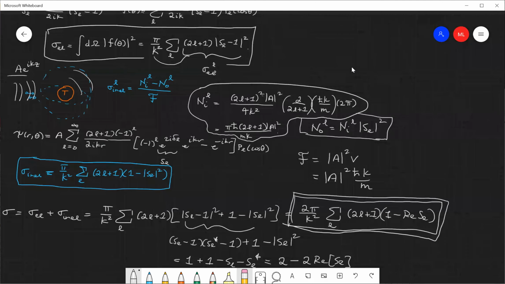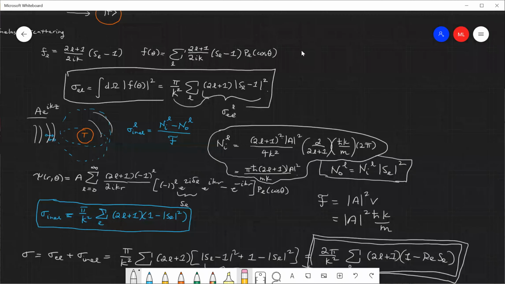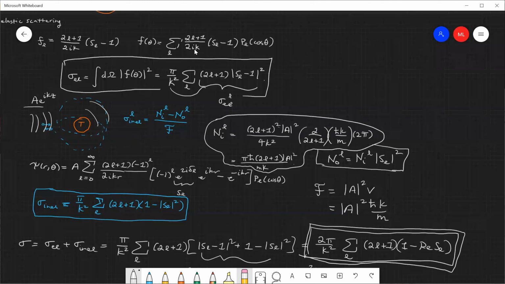If we go back to the expression we had for the scattering amplitude, we see that the scattering amplitude also has this S sub L minus 1 type of deal. So actually the total scattering cross section must be related to the scattering amplitude.